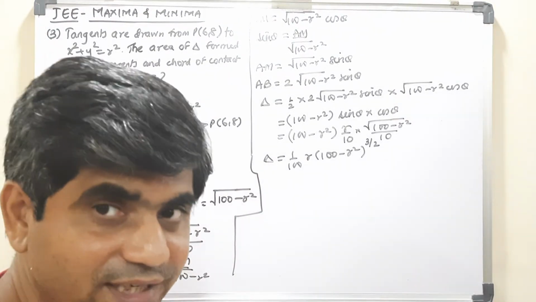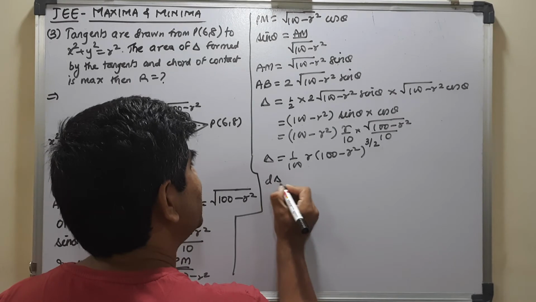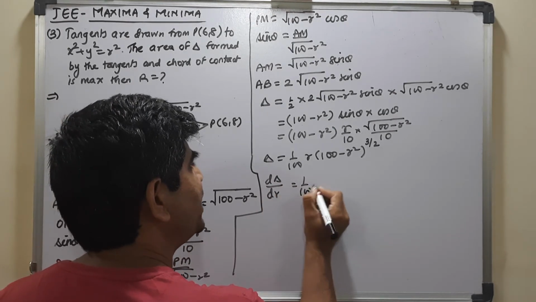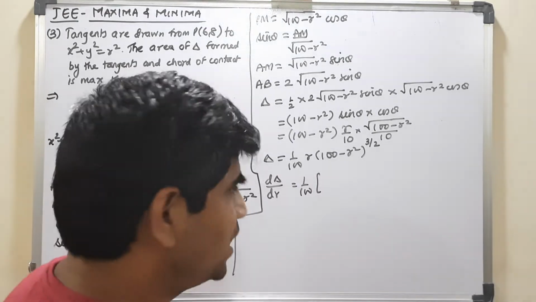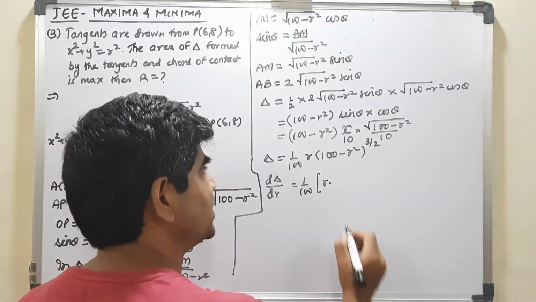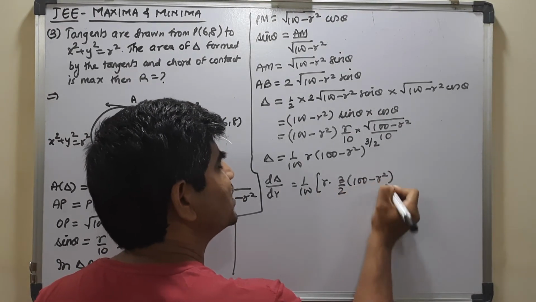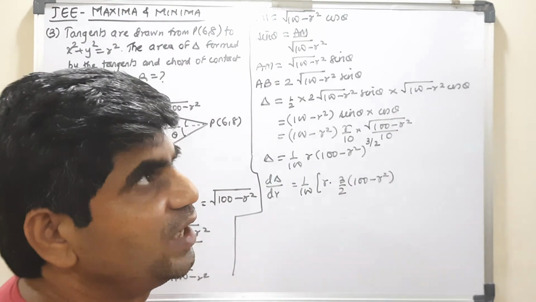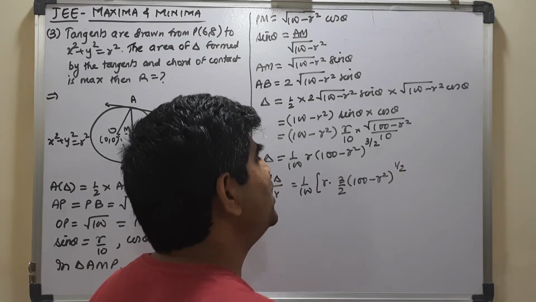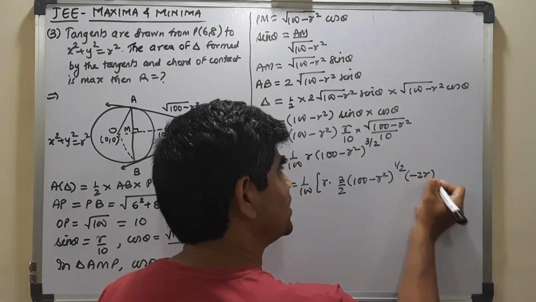You need to find the derivative for getting the critical point. So d delta by dr, 1 by 100 I am keeping as it is. It is first function into derivative of second function, that is 3 by 2 into 100 minus r square raised to 3 by 2 minus 1, which is 1 by 2, into derivative of minus r square, that is minus 2r.